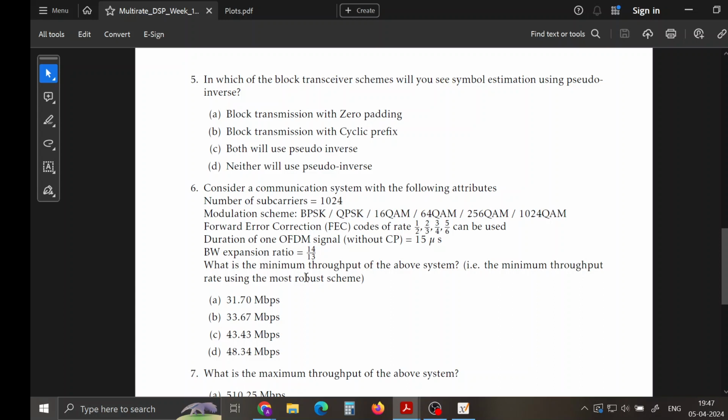Bandwidth expansion ratio is 14 by 13, and we have seen the bandwidth expansion ratio. It basically quantifies the amount of redundancy that has been introduced.